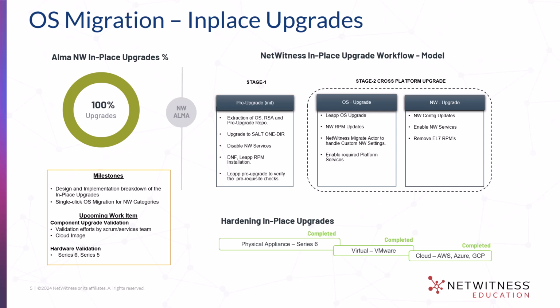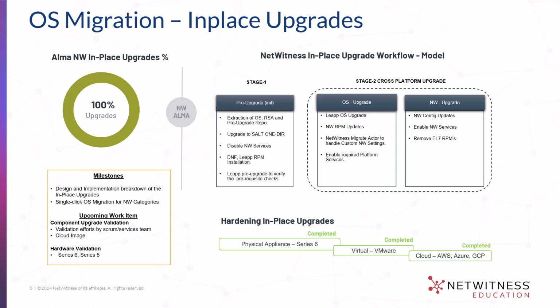Once this is complete, the first module that gets upgraded is salt, as a single directory. Once the upgrade is successful, it proceeds to disable the NetWitness services and install the DNF and LEAP packages. The LEAP framework then performs a pre-upgrade, with a set of checks, to verify all the prerequisites are in place.